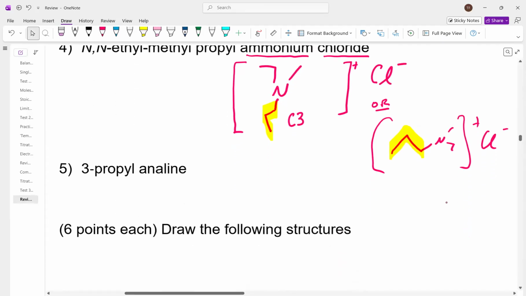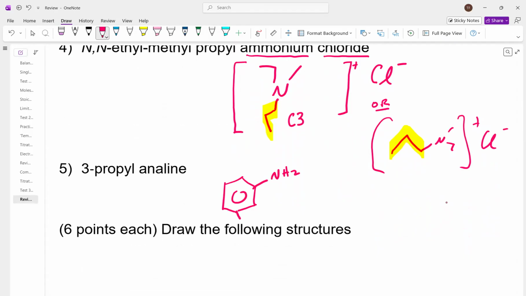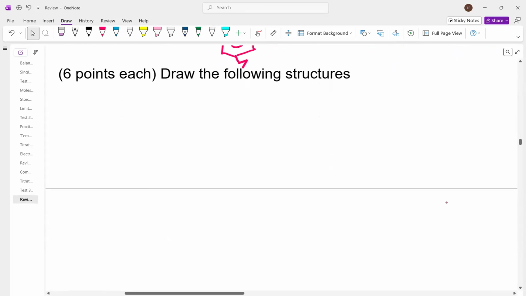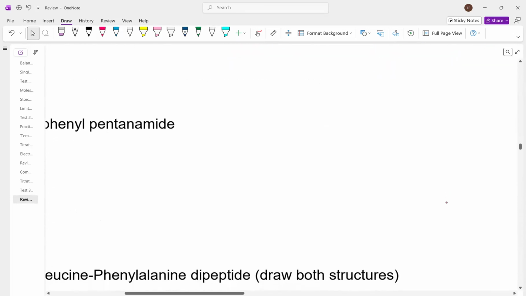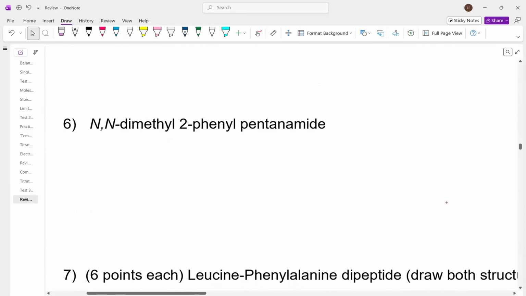Okay, we have aniline again. And a 1, 2, 3 propyl group. Okay, so this is an amide.